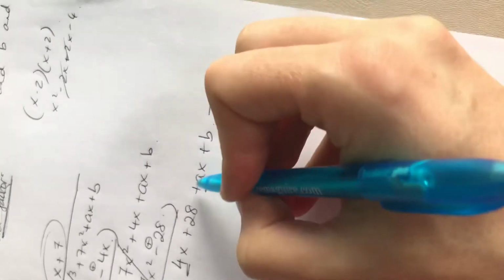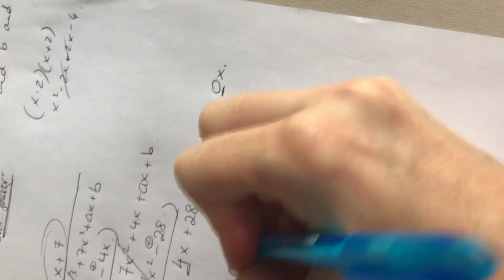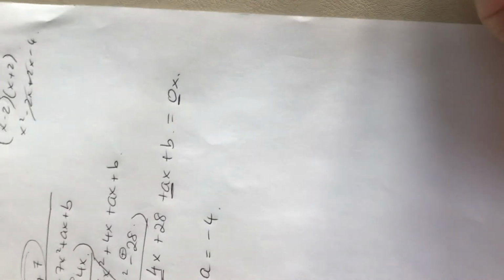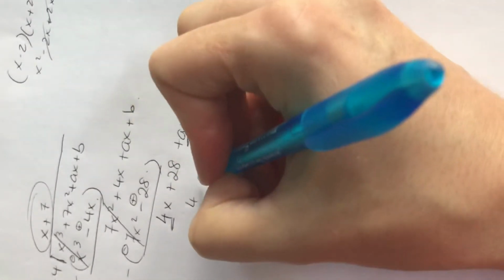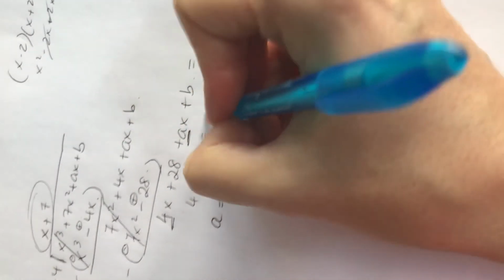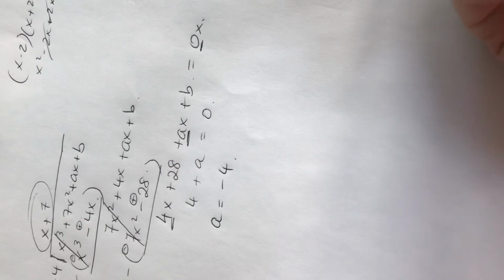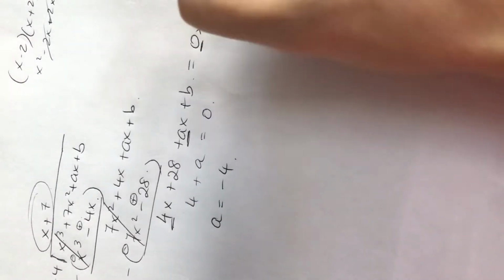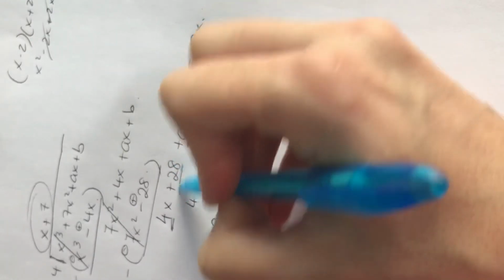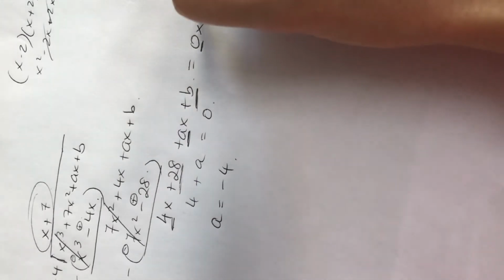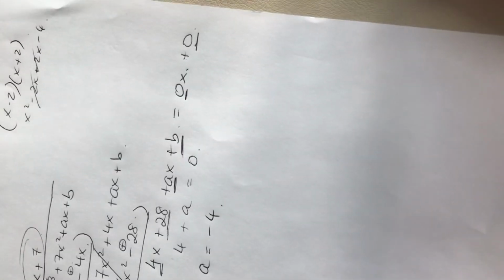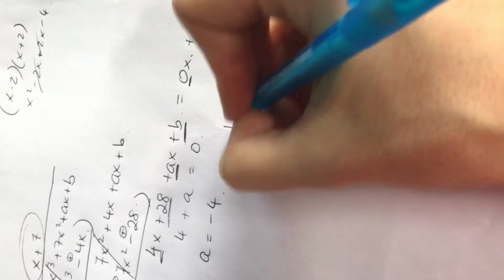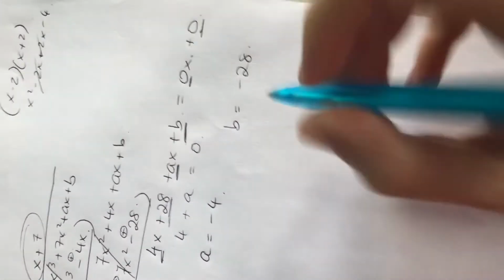Well, that has to be a minus 4. Okay, if you think about it logically, you have 4 plus something gives me 0. It has to be a minus 4. And then what else do you have? You've a 28 plus a b gives you 0 as well. So b is equal to minus 28.